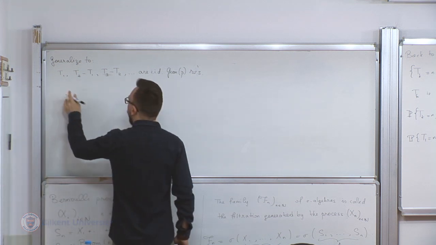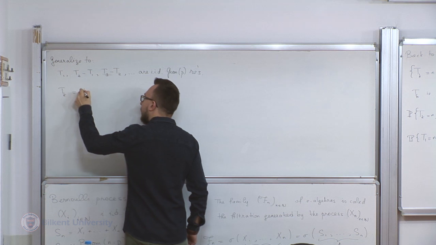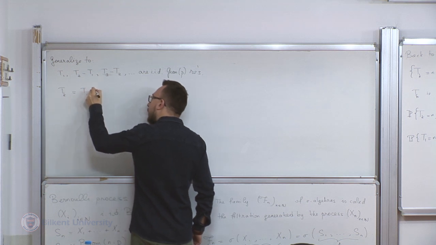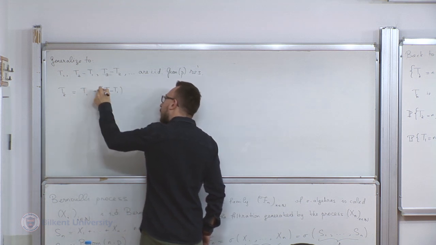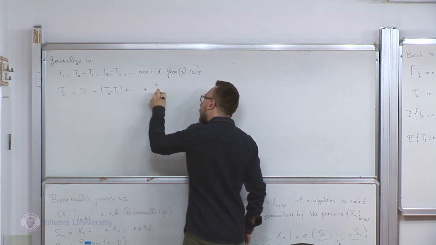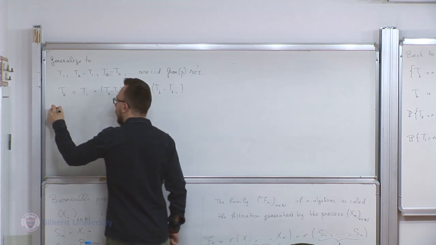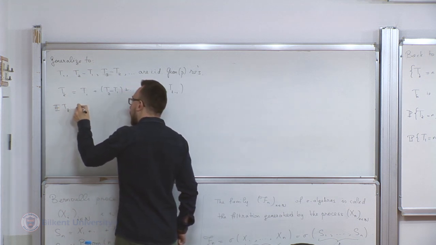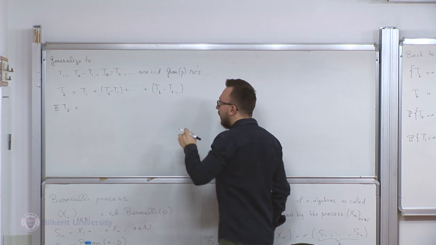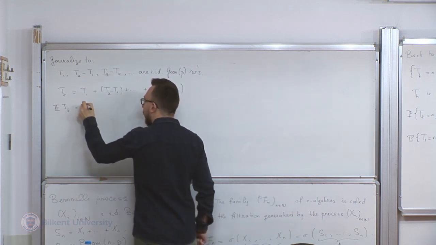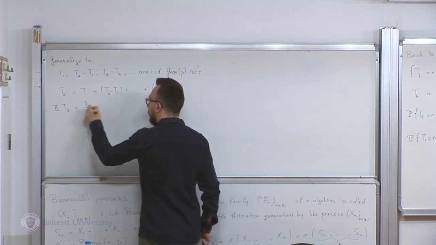So for instance, I can write Tk as T1 plus T2 minus T1, etc., up to Tk minus Tk-1. And then I can calculate the expected value of Tk using the fact that expectation is linear. So I just have k of 1 over p's.